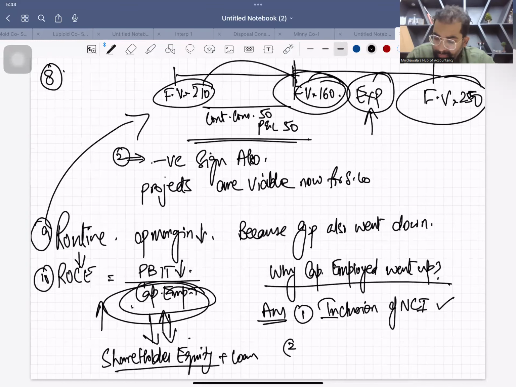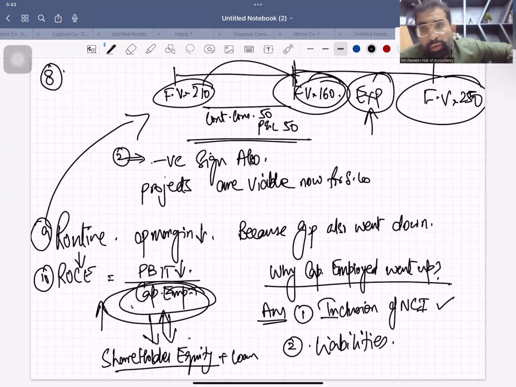Number two reason may be, I totally agree that the subsidiary company's equity packet is always cancelled out in the consolidated books. We know this from the basics, but the liabilities of subsidiaries are included.